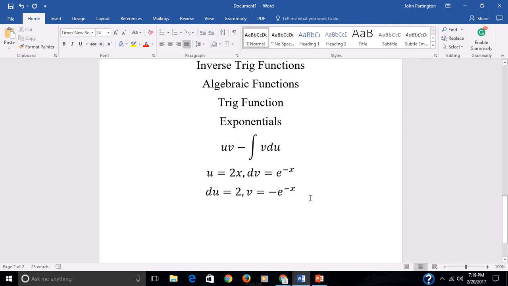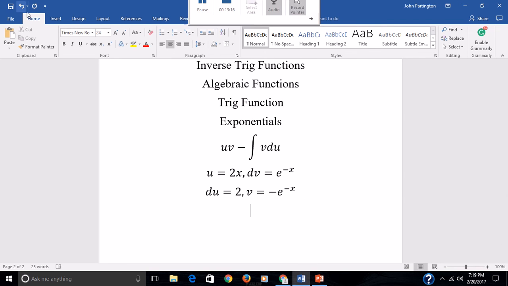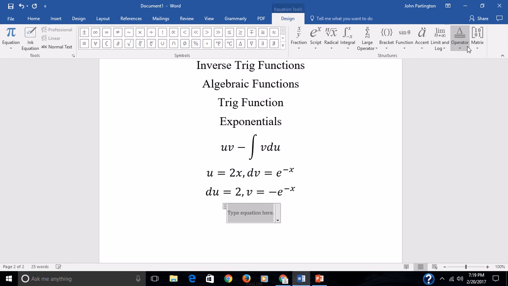Now we can substitute these into the formula. We're going to have uv, so that's going to be negative 2x e to the negative x, and then minus the indefinite integral of v du.